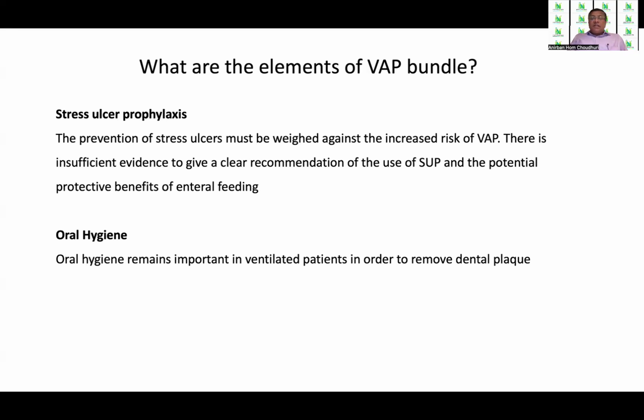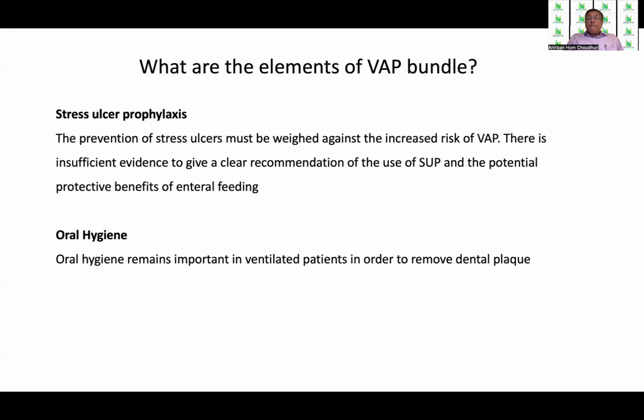Besides this, there are two other elements which are also useful, although the evidence is not very strong. Prevention of stress ulcer must be weighed against the risk of increase in VAP. There is insufficient evidence to give a clear recommendation on the use of stress ulcer prophylaxis and its potential protective benefits, but there is also evidence that these are useful, although that usefulness is not always measurable in absolute terms.